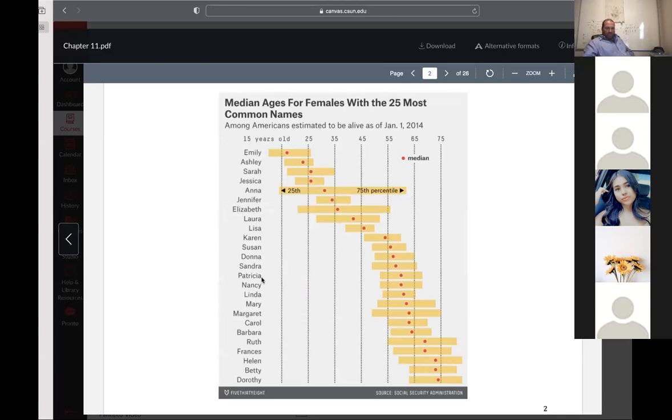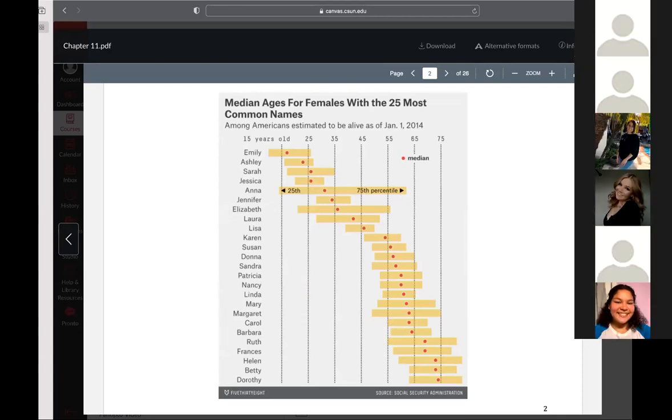Do we have any of those in here? I think we have an Emily. I'm pretty sure we have an Emily. I think we have an Ashley too. Don't we have an Emily and an Ashley? Or at least an Emily? Yes, we do have an Emily. What else do we have? Anyone else have their name here? Apparently we have a very uncommon class then.